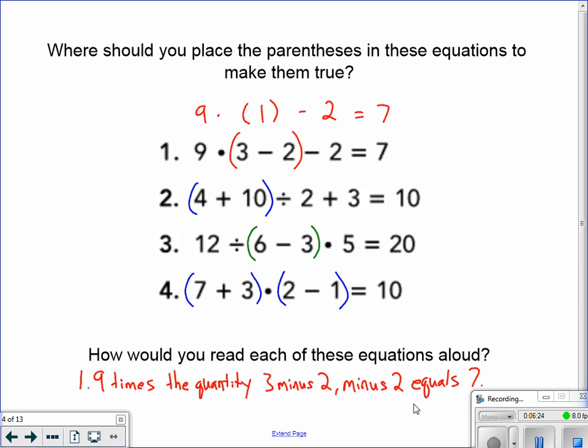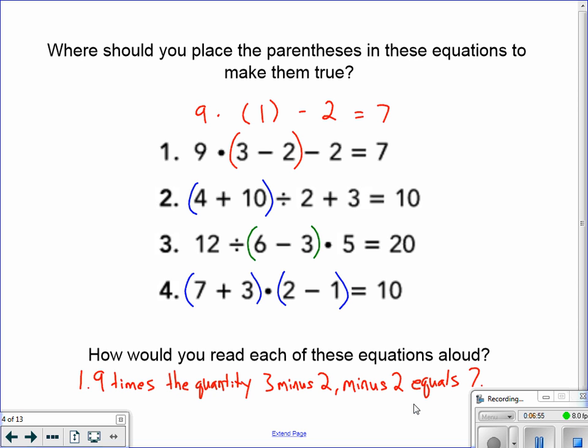All right, so going through the rest of them here, if we look at number 2, we would read that one as the quantity, 4 plus 10, divided by 2, plus 3 equals 10. That's how we would say that one. Number 3, we would read that as 12 divided by the quantity, 6 minus 3, times 5 equals 20.